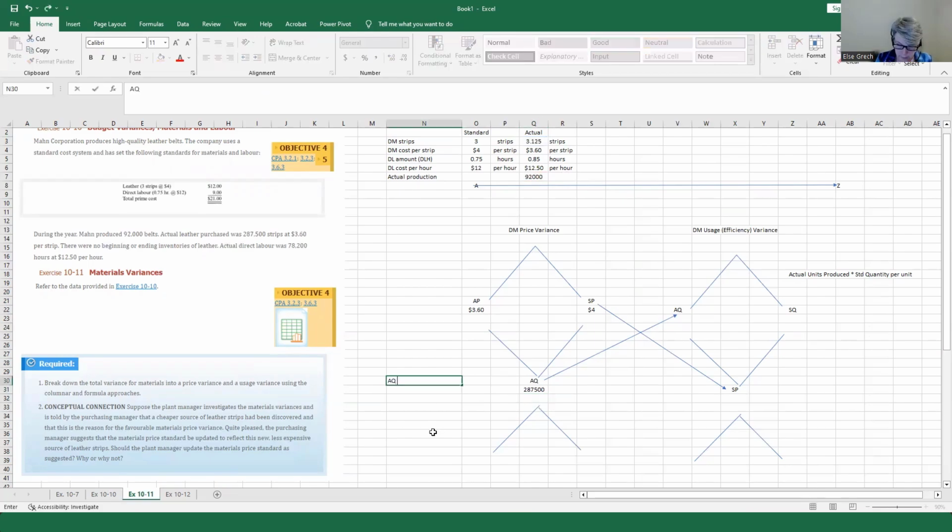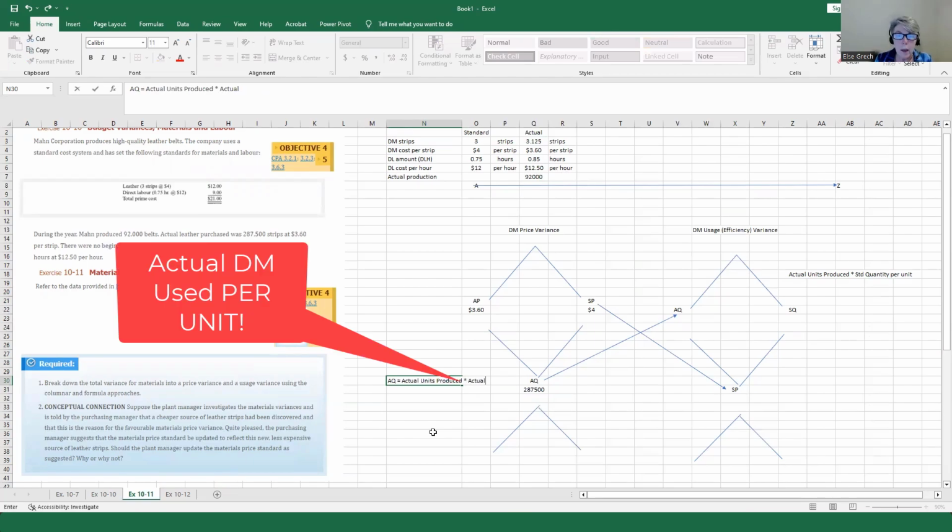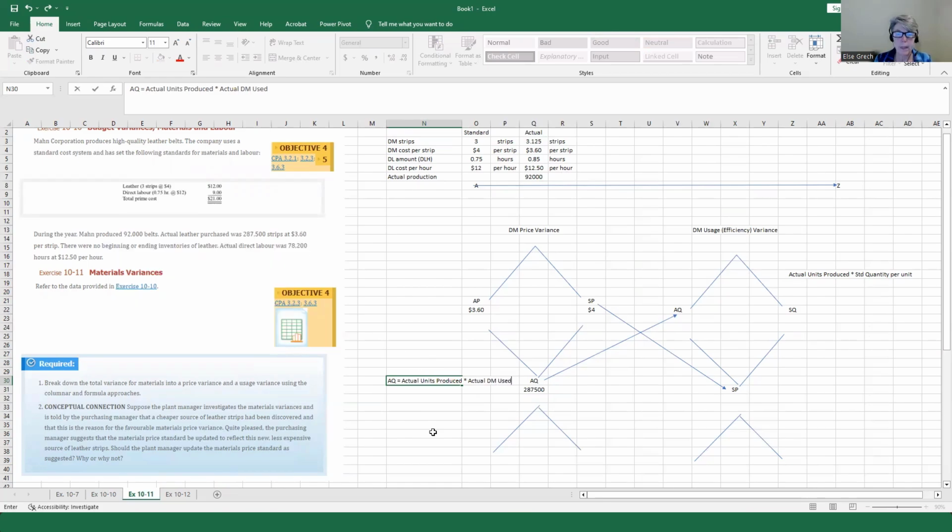Actual quantity is equal to actual units produced multiplied by the actual direct material used. That's what I'm calculating here. Okay, want to be super clear about it. So that's what I did, right? I took the number of strips actually used, multiplied it by the actual quantity. I'm going to take this number and transfer it up here. I'm going to take the standard price and transfer it down here.